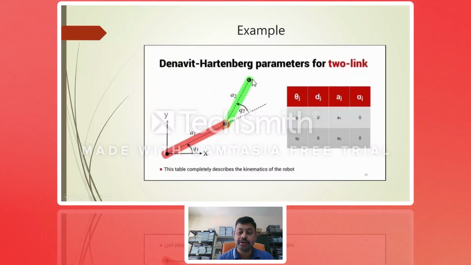Now, for example, if you want to take a two link representation, theta, d, a, alpha, four parameters are given here. You can describe it. The remaining d and alpha are both 0. So here you have the parameters available: the length of the links, a1, a2, and the angles with respect to link 1 and link 2, normally angles q1, q2. So they wrote q1, q2, and the length of the first link a1, second link a2. So a1, a2 is clearly given. The remaining two are 0.